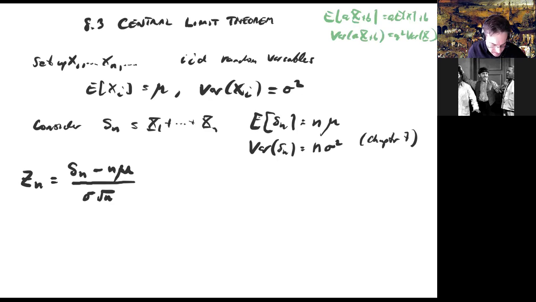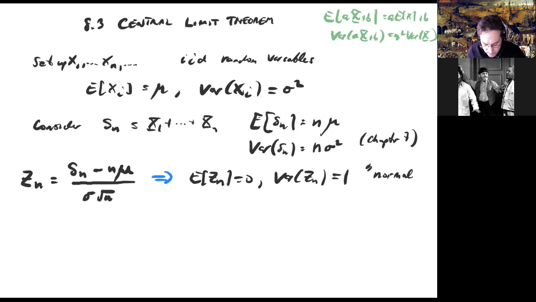You can see that this implies that the expected value of Zn is 0 and the variance of Z sub n is 1. So we've normalized things. That's our normalization. Okay, so now here's the first form of the central limit theorem.